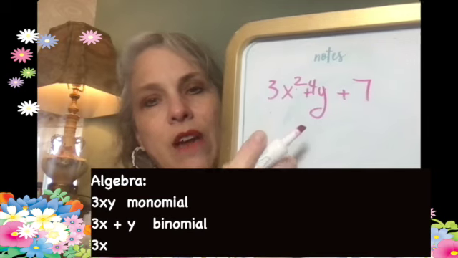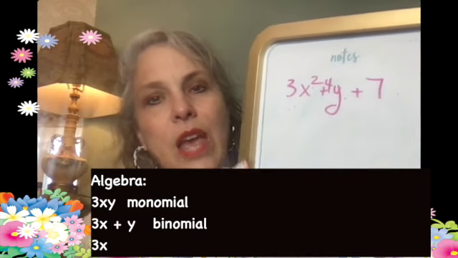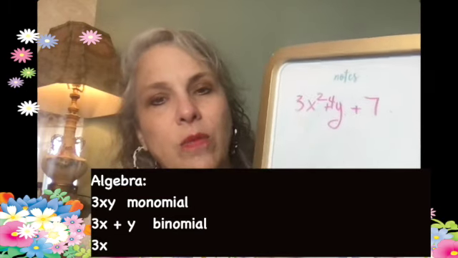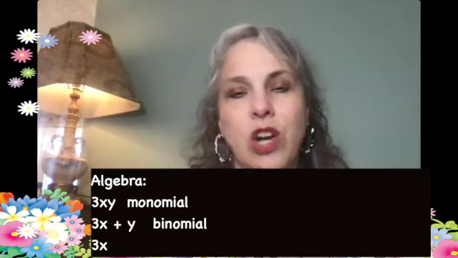Okay, so here I have 1, 2, 3 terms, and this is called a polynomial or a trinomial. So the terms are separated by plus or minus, or adding and subtracting.